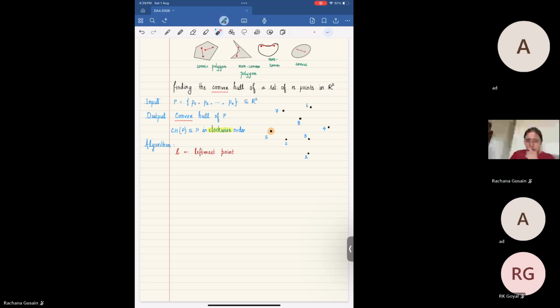Okay, let me write the algorithm, and then we will see how to actually find the leftmost point. So that is the leftmost point. I need to use 2 more variables here. The points that I am going to select will be in P, the current point that I'm selecting. Whatever is the leftmost point, I select it.